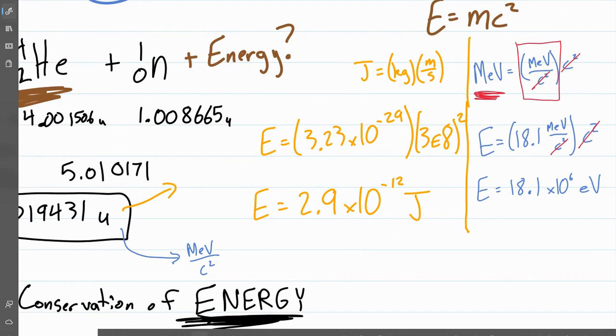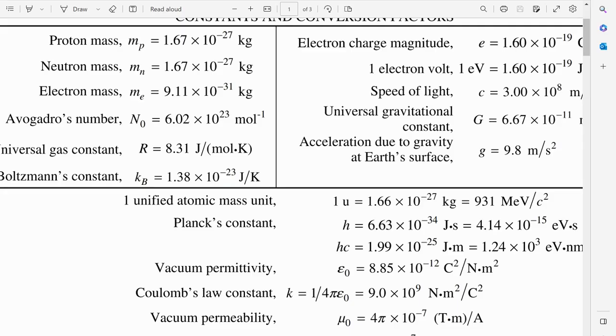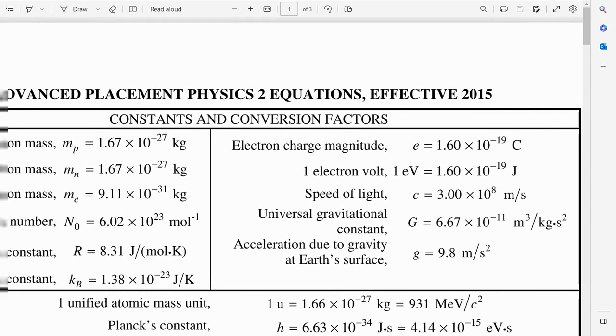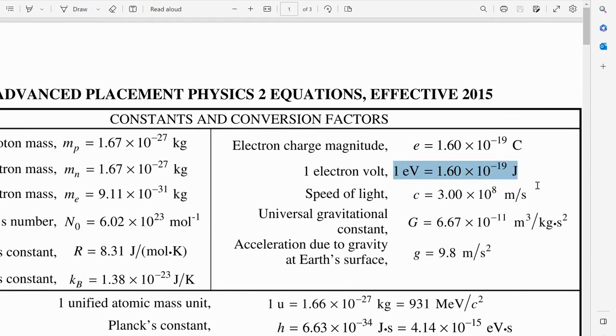What's really cool is you can see that these two numbers are equivalent. Back to the equation sheet, up top here, 1 electron volt is equal to 1.6 times 10 to the minus 19 joules.